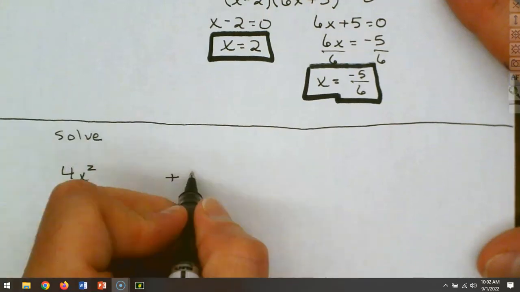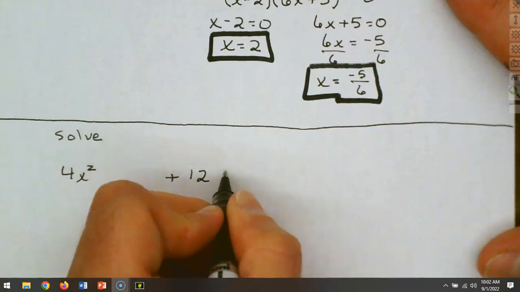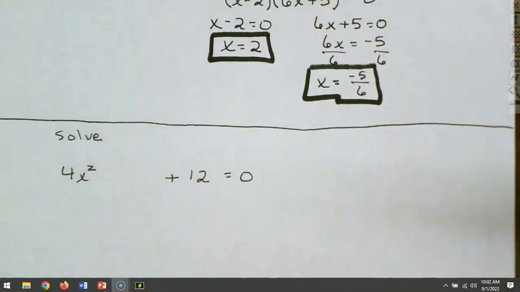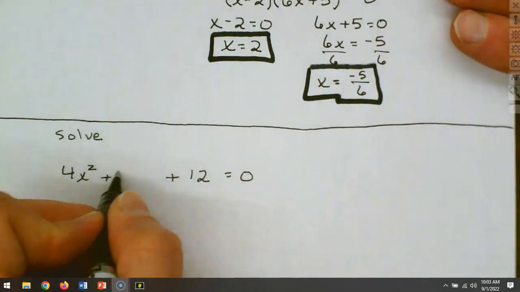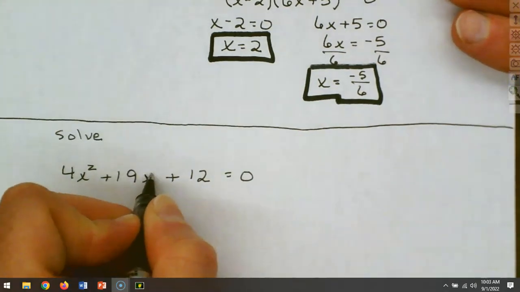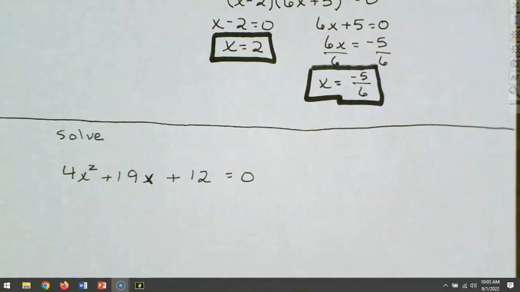Let's see, how about a plus 12 here? And we'll make this one equal to 0, and I'll get the middle for you. Okay. How about we make a plus 19? x in the middle. Okay, so this is going to work for us here.